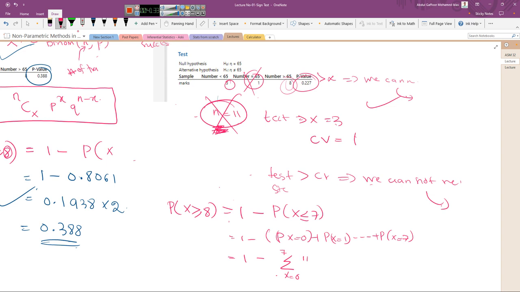So now instead of n I have to put 11. Because x can take all the values from 0 to 7. 0.5 to the power x, 0.5 to the power 11 minus x is equal to, right? So okay, let's calculate, right?